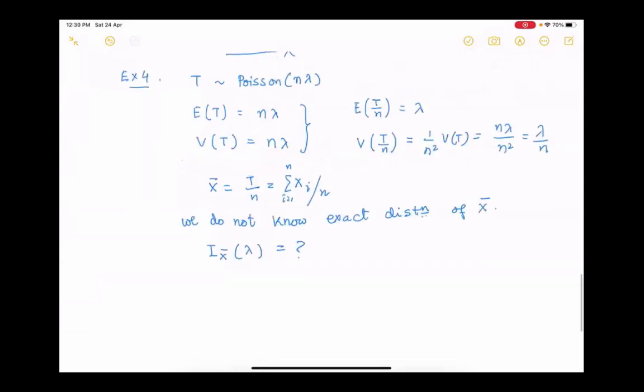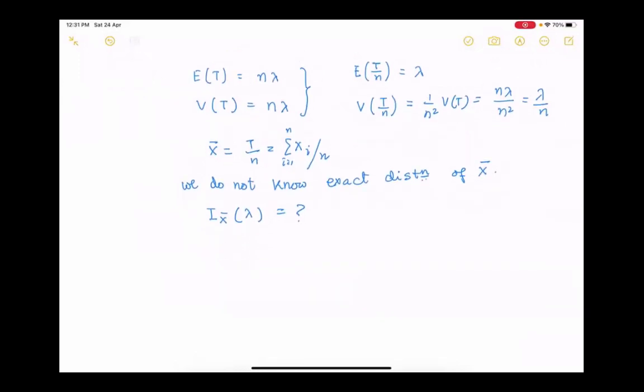Mathematically, when you approach it, effectively what I'm trying to argue here is that if you know that T is, basically what I'm trying to say is that I don't know how to solve this problem, to be honest.